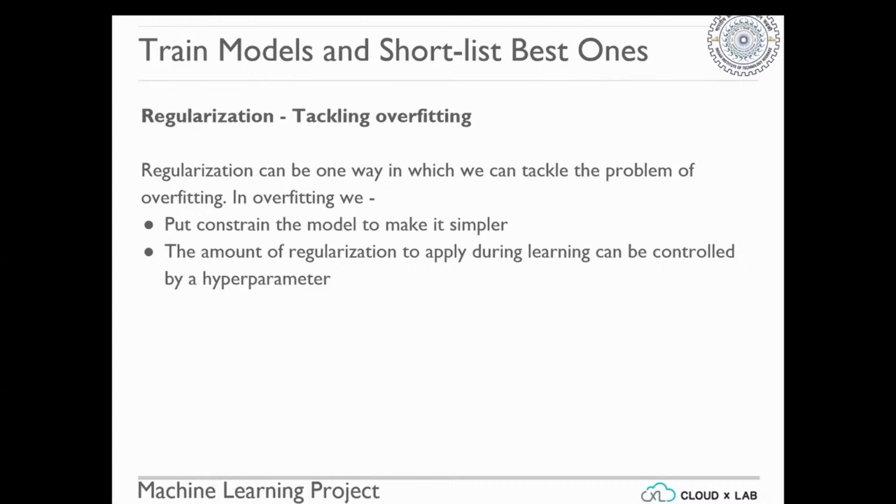A hyperparameter is a parameter using which we can control regularization strength. So if you increase the hyperparameter value, the amount of regularization will increase, and if you decrease the hyperparameter value, the amount of regularization will decrease, right? So we can control the strength of regularization using the regularization hyperparameter.